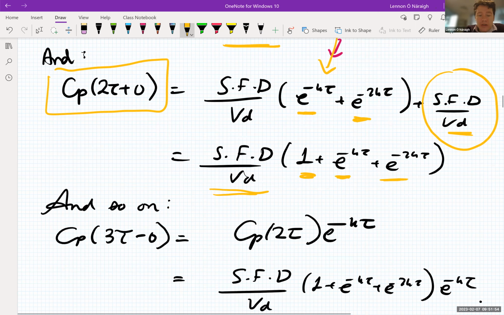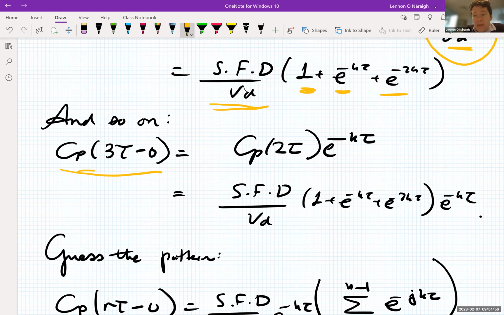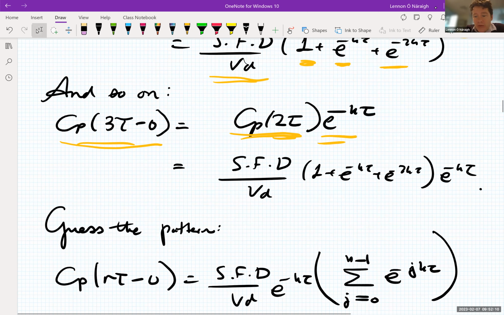And so on. So I guess the pattern for time 3 tau, so this is just before the fourth dose, that will be Cp at time 2 tau plus 0 and then hit with the exponential decay factor. And I just rewrite this as follows.